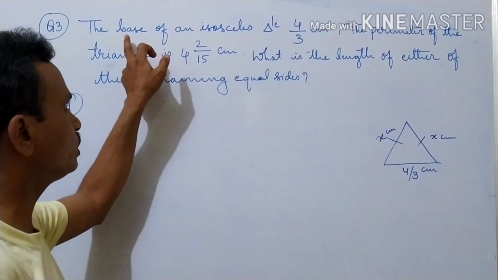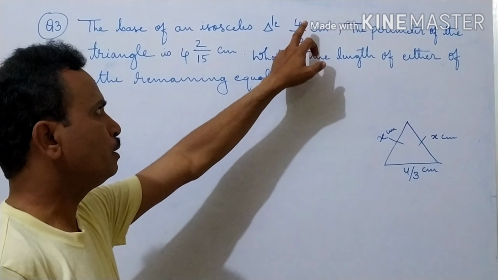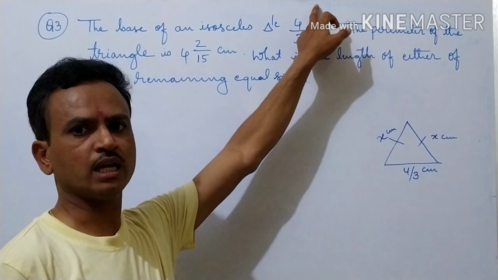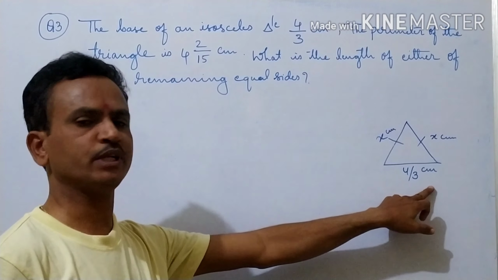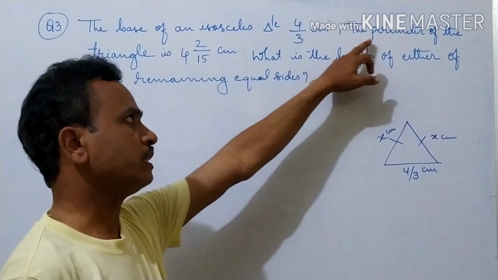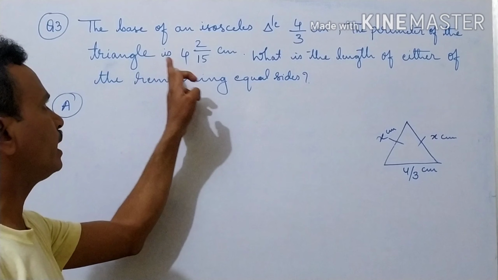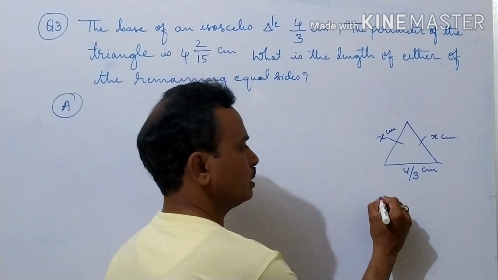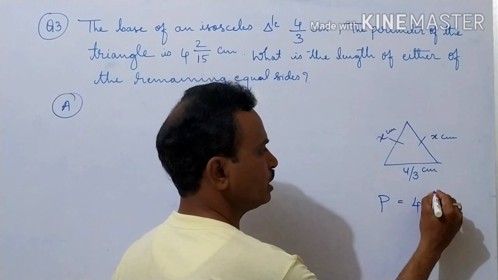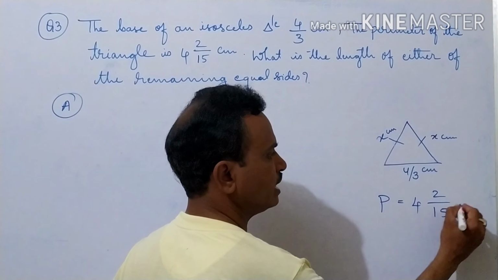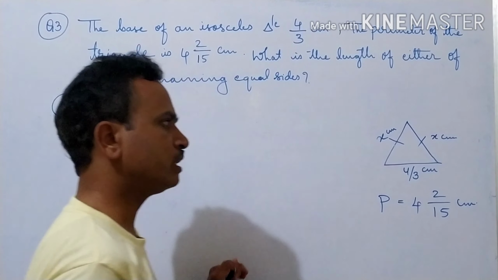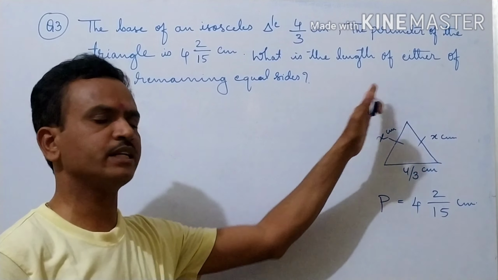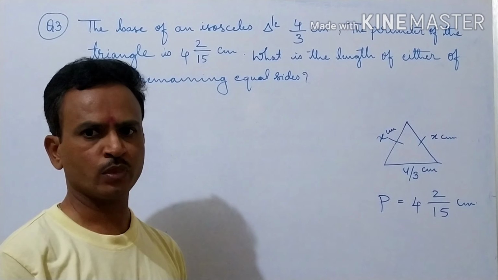Okay, now again according to this question, base is given. Base of an isosceles triangle 4 by 3 centimeter. Then the perimeter of the triangle is 4 integer 2 by 15. Perimeter, what is given? 4 integer 2 by 15 centimeter. Perimeter means sum of three sides of this triangle.